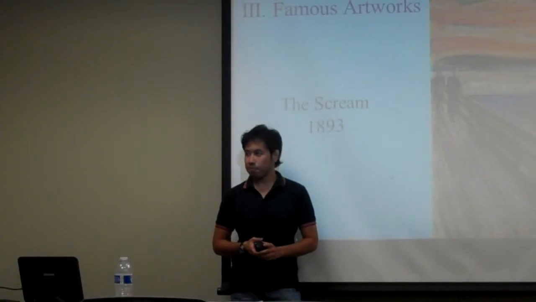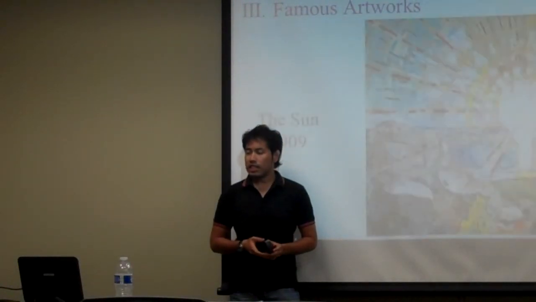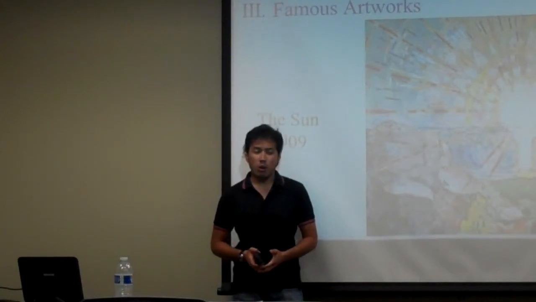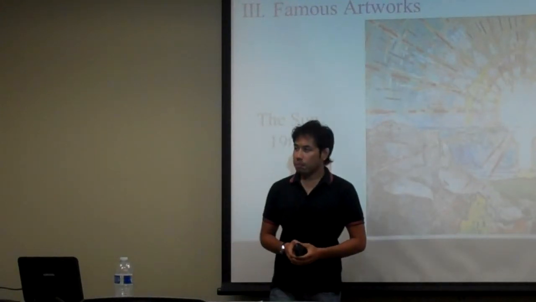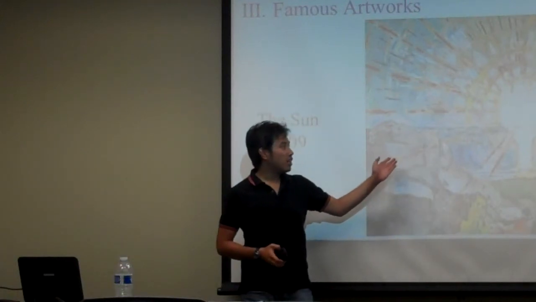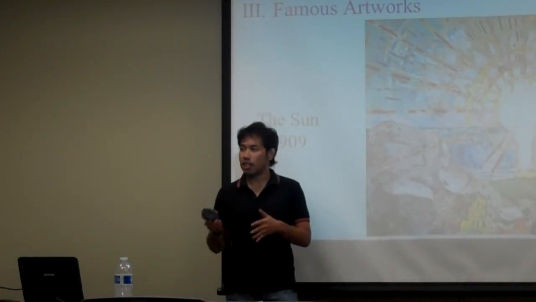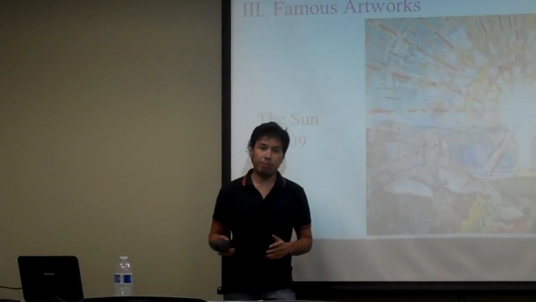Let's see another one, okay? This one is called The Sun. It was made in 1909. As you can see, we note the colors here are brighter. That means it was made during the second period, the optimistic period.